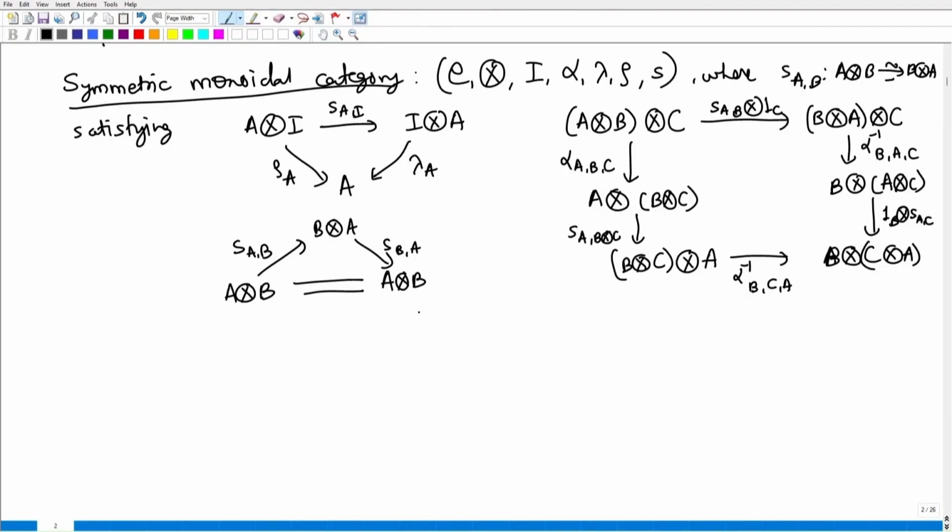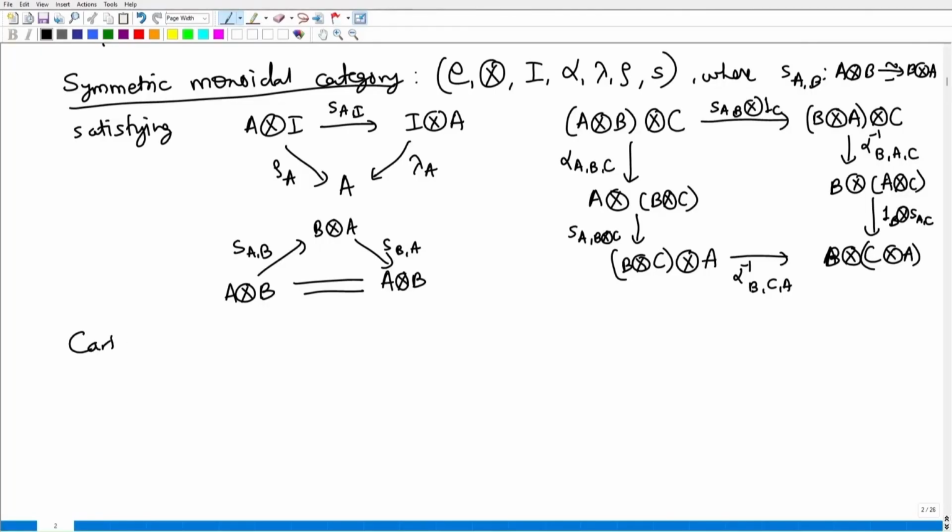Okay, so there is another type of monoidal category which is a favorite for computer scientists. If you are a computer science student, then you should learn category theory to learn about this particular type of category, and that is called a Cartesian closed category, or as they like to call it, CCC.